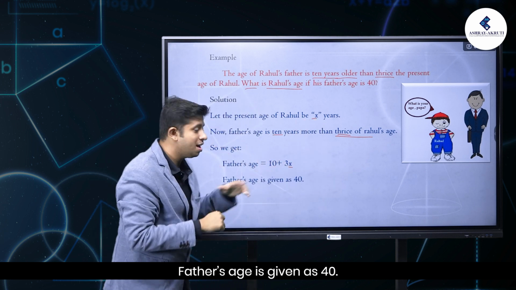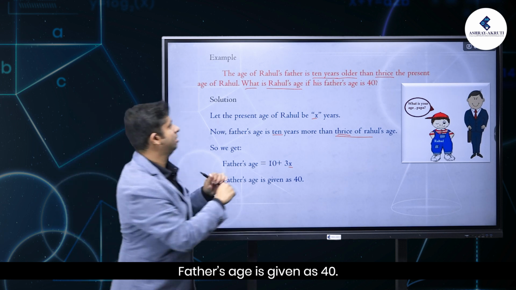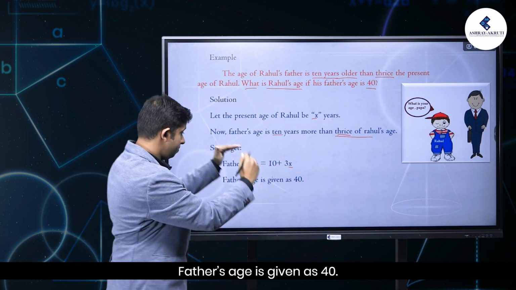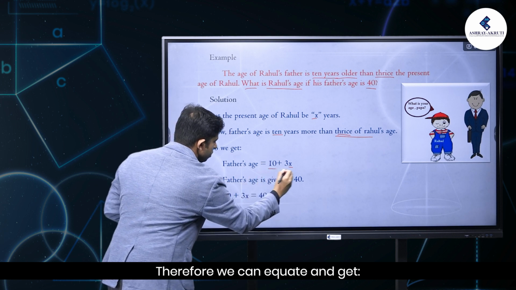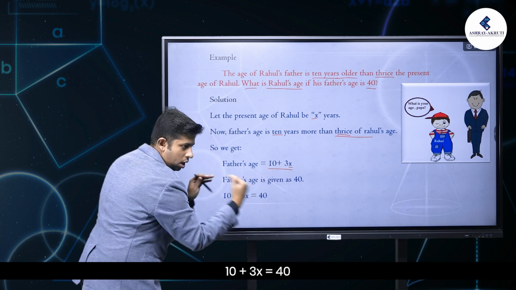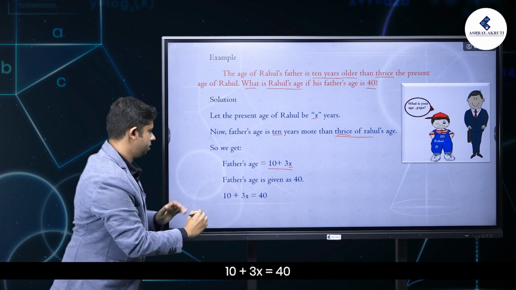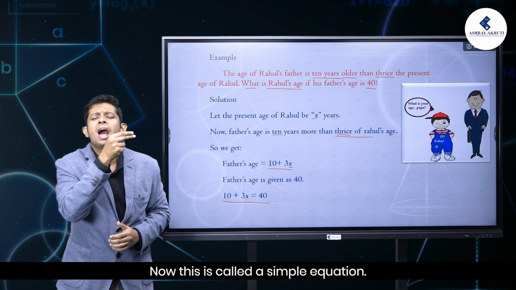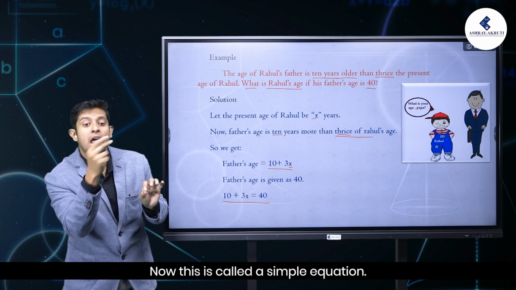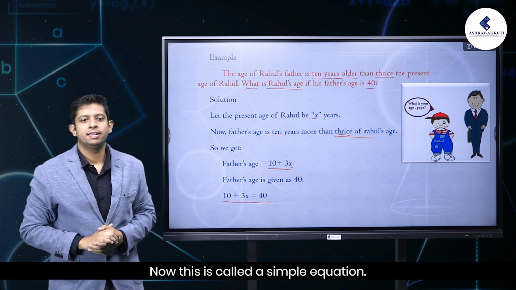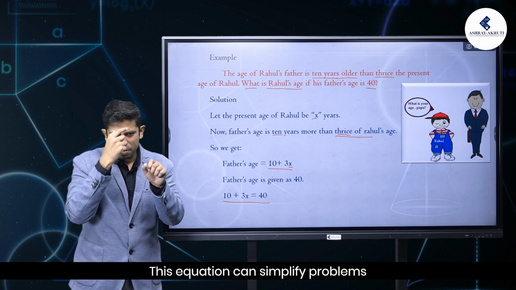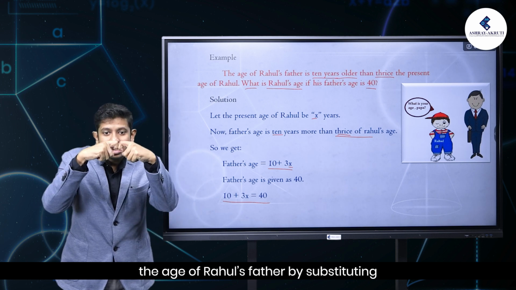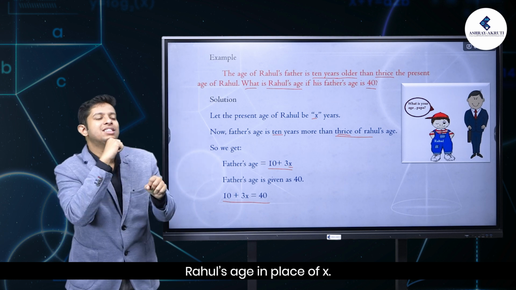Father's age is given as 40. Therefore, we can equate and get 10 plus 3x is equal to 40. Now this is called a simple equation. This equation can simplify problems and help us find the age of Rahul's father by substituting Rahul's age in place of x.